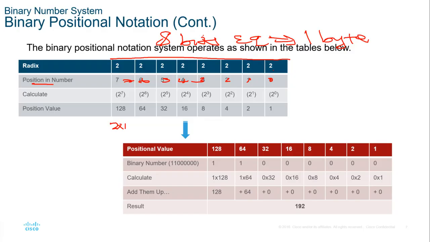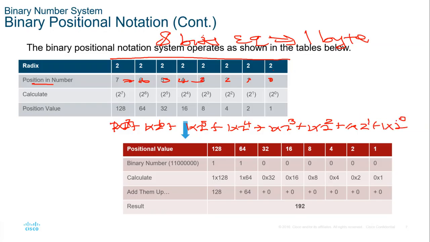it's 1 times 2 power 7 plus 1 times 2 power 6 plus 1 times 2 power 5 plus 1 times 2 power 4 plus 1 times 2 power 3 plus 1 times 2 power 2 plus 1 times 2 power 1 plus 1 times 2 power 0.